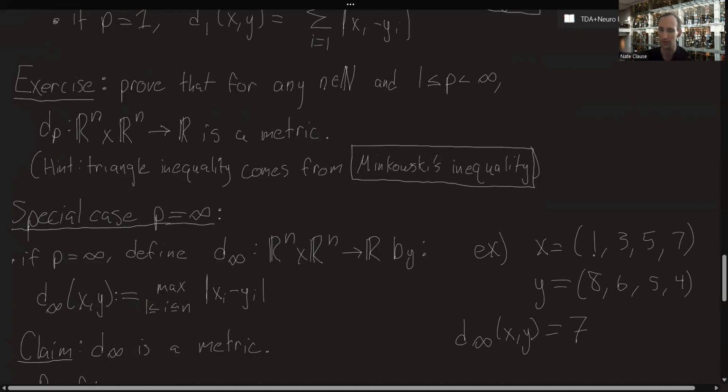The difference in the first coordinate is 7, in the second coordinate is 3, in the third coordinate is 0, and in the fourth coordinate is 3. So the maximum of all those distances was the distance in the first coordinate, which was 7.